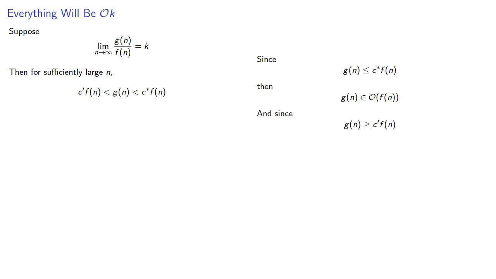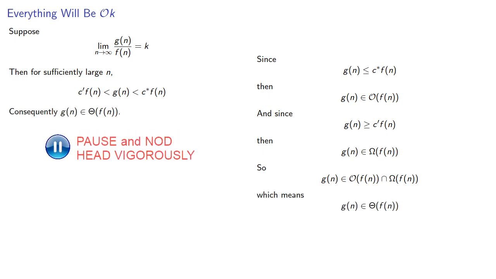And since g of n is greater than some multiple of f of n, we also know that g of n is omega of f of n. And so that means g of n is in both big O of f of n and omega of f of n, which means that g of n is order f of n.